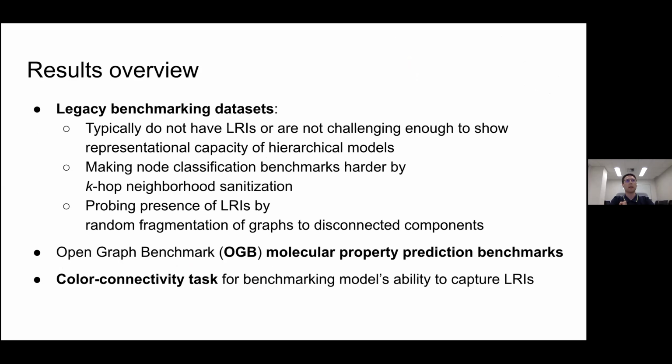So first we looked at the standard benchmarking data sets that I call legacy because they've been around for quite a long time. They are very small, and while they've still been quite often used for benchmarking graph neural networks, in the past year there's definitely been a push to move away from them towards more complex data sets, and as I'll show, that's for a very good reason, because these data sets typically don't have long-range interactions, so it's really difficult to then show that these models really do what they are expected to do or claim to do.